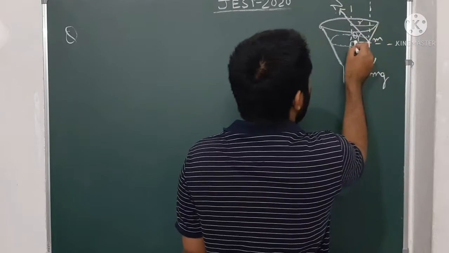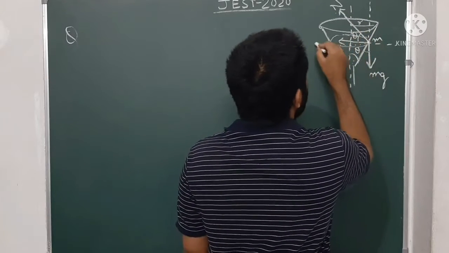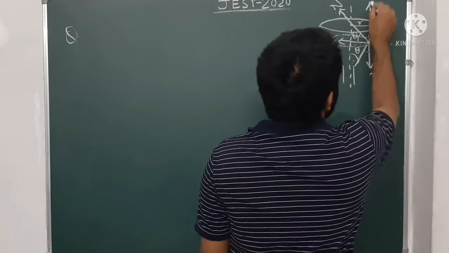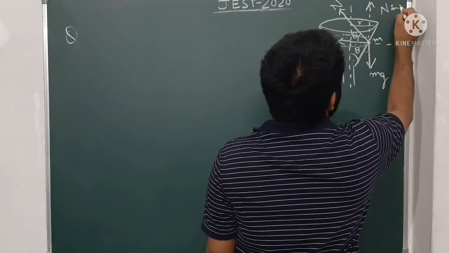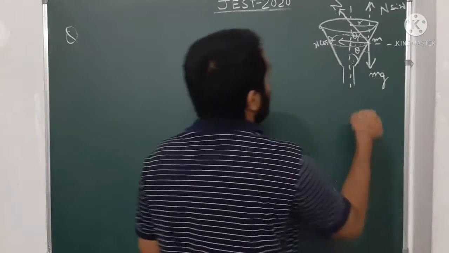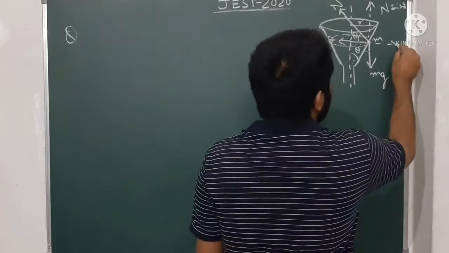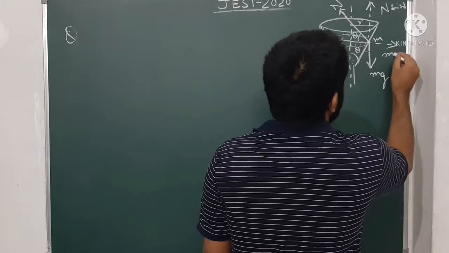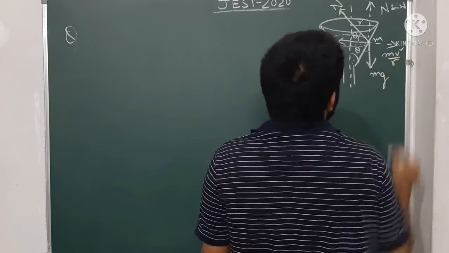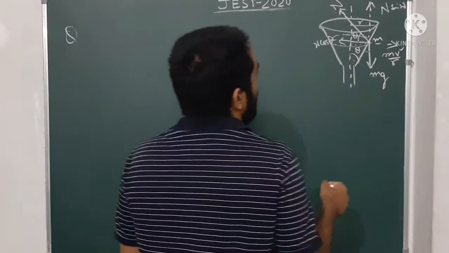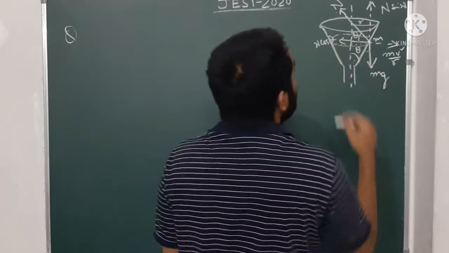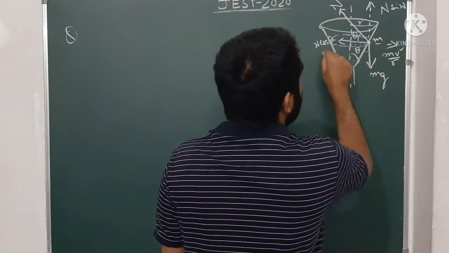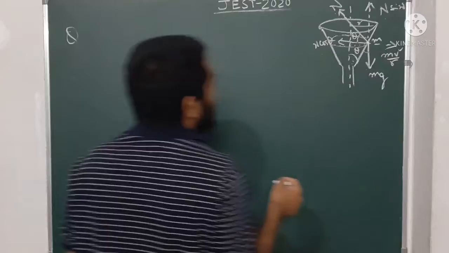So if this is N, then this is N cos theta and this is N sin theta, and due to circular motion, the centrifugal force acts. To maintain this circular motion, these two and these two must be equal.